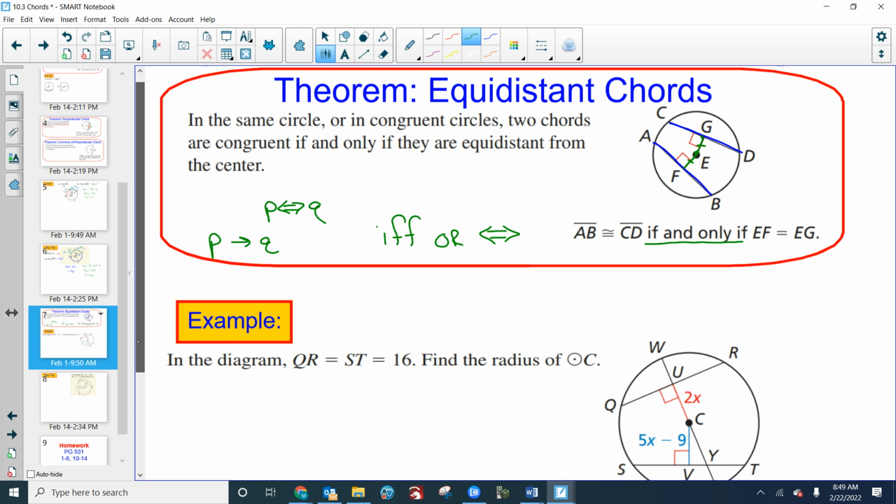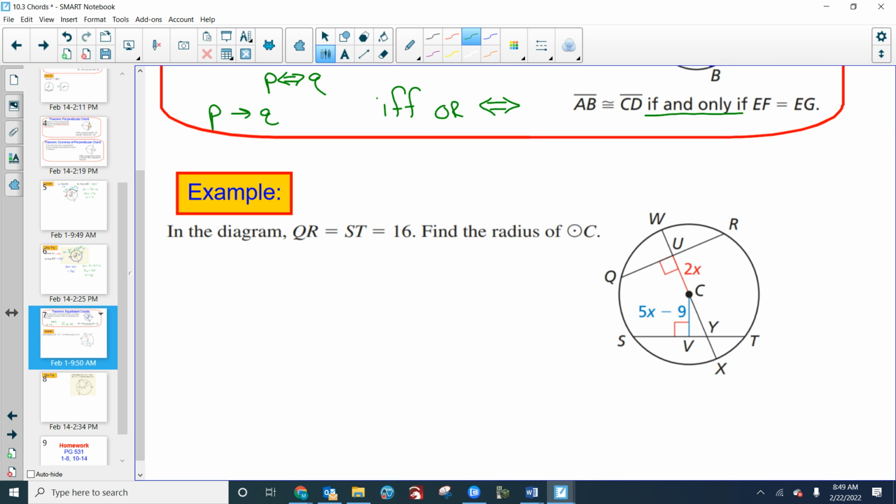So here we go. Let's see which one this is. QR equals ST, and those are both 16. Oh, look. Two chords are congruent. Conclusion: they must be the same distance from the center.